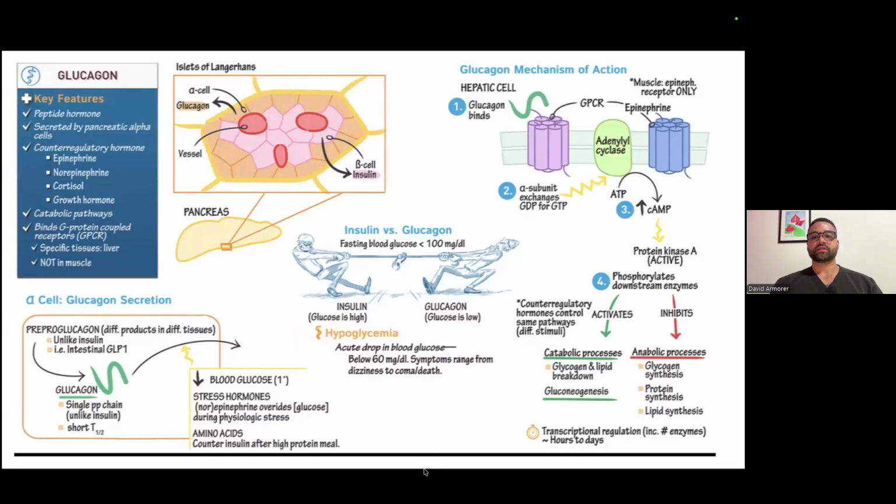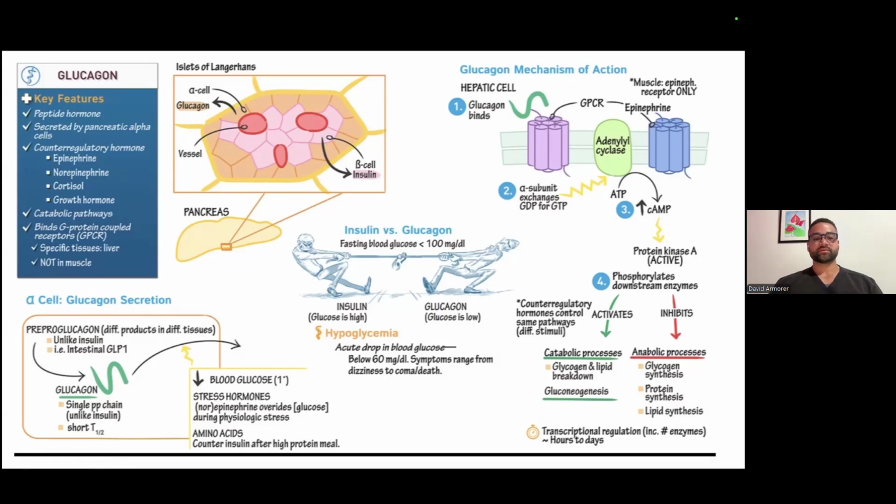Here as well, it goes into the function of glucagon on the cell membrane through the adenyl cyclase mechanism, which activates protein kinase with phosphorylation of downstream enzymes, which goes on to the catabolic processes that break down glycogen and lipids and ultimately lead to gluconeogenesis, as well as the inhibition of the anabolic processes such as glycogen synthesis, protein synthesis, and lipid synthesis.